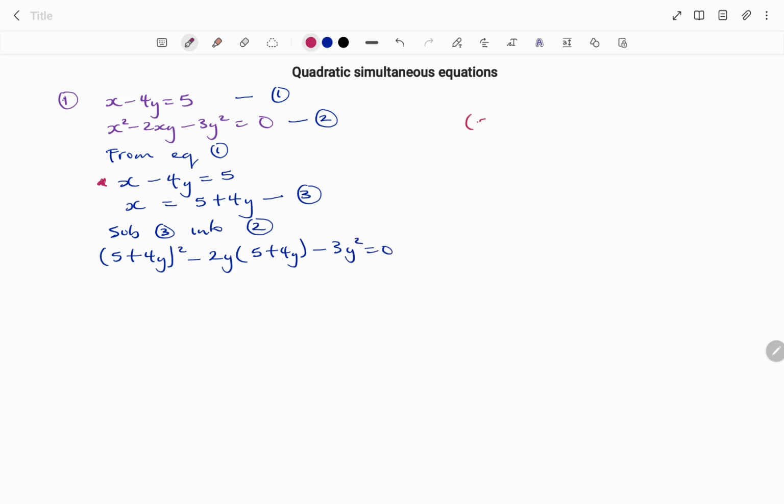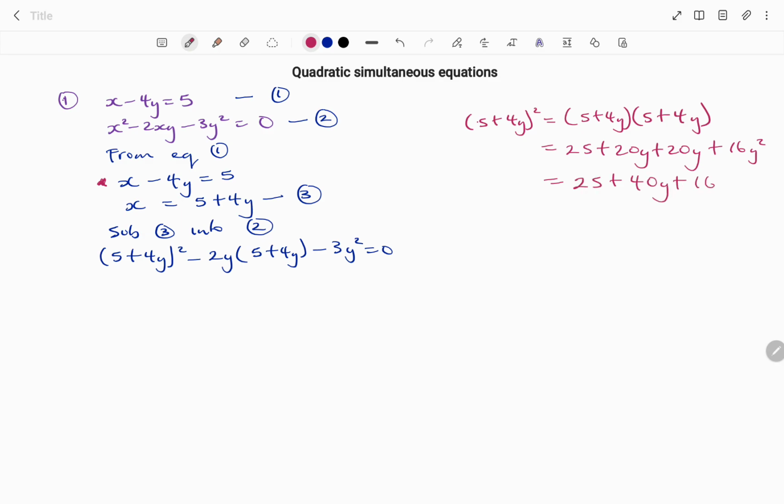Expanding, 5 plus 4y squared is the same as 5 plus 4y multiplying 5 plus 4y. If I expand using the FOIL method, that will be 25 plus 20y plus 20y plus 16y squared. Collecting like terms, that will be 25 plus 40y plus 16y squared.